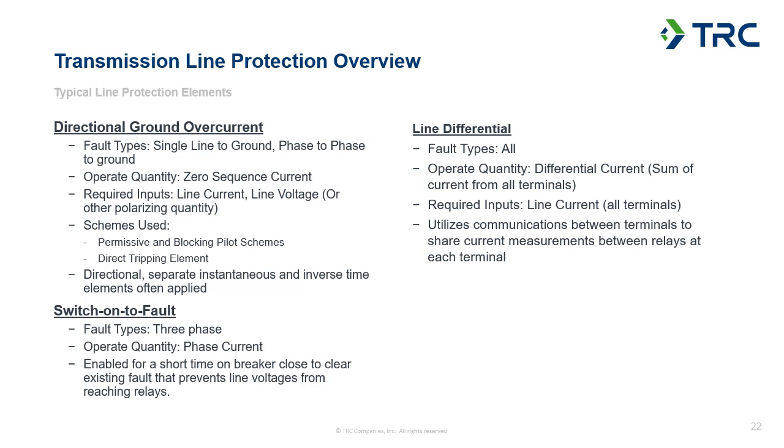Or if the currents don't add up, that means there is a fault on the line because there's a source that's not being monitored. So that's another unique scheme we're seeing applied a lot more frequently now that communications are more accessible.